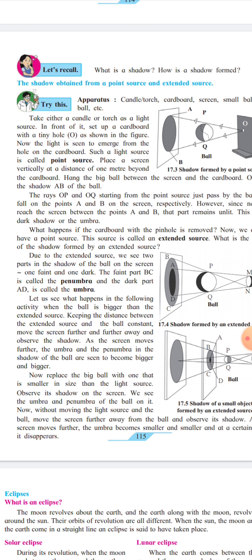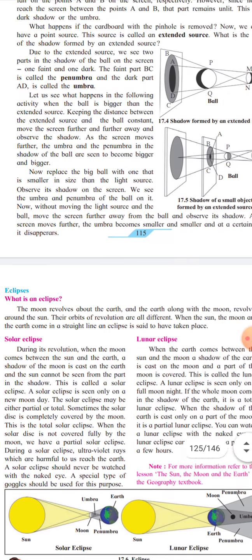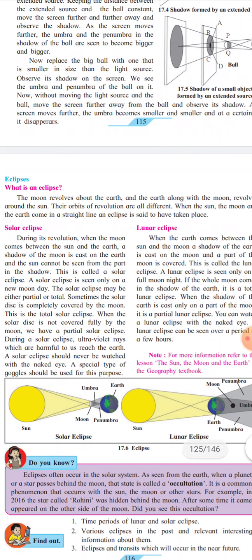Today we learned about shadow. Now the remaining part, the formation of eclipses, what an eclipse is and the types of eclipses, we are going to learn.